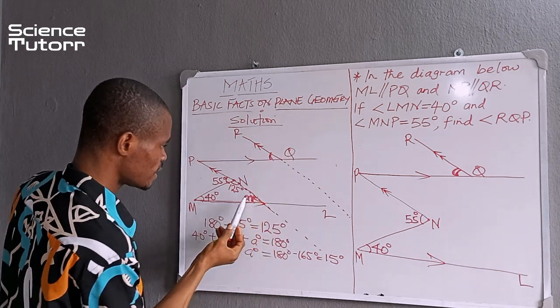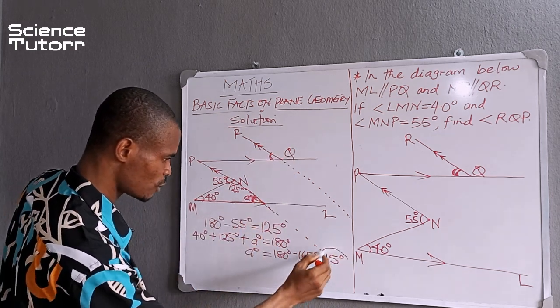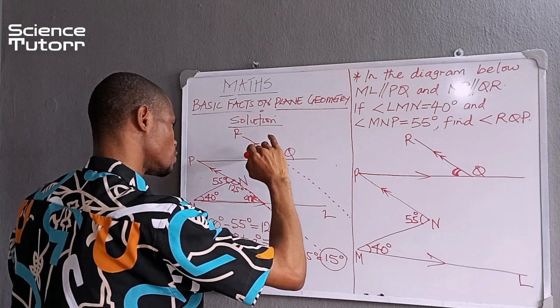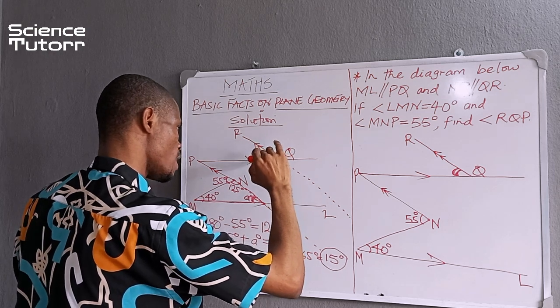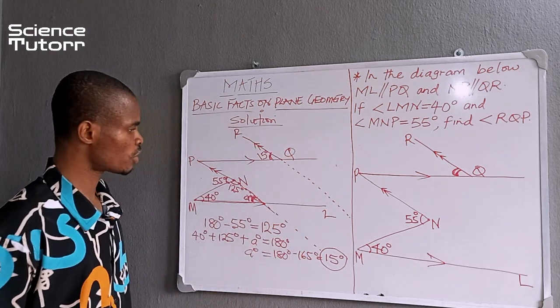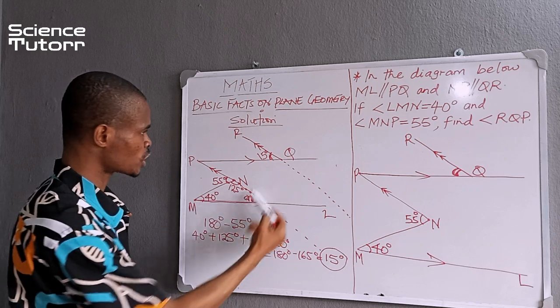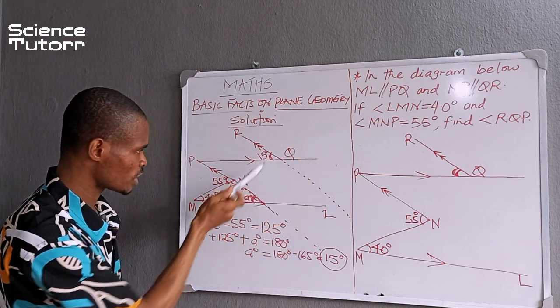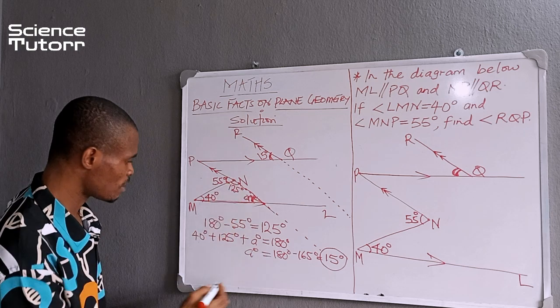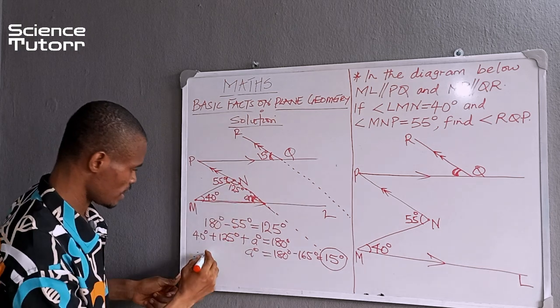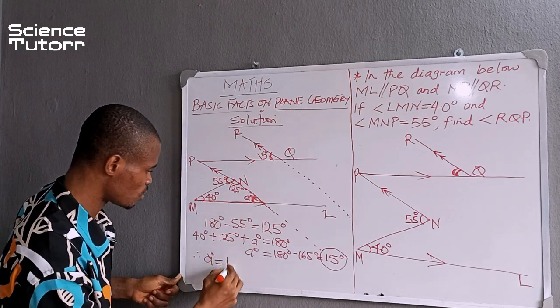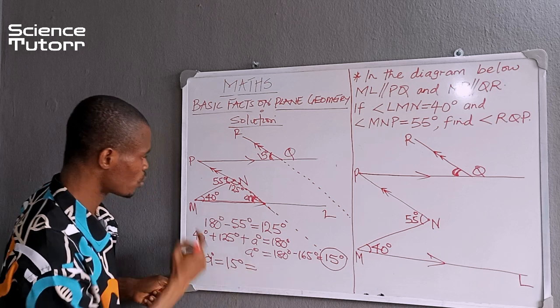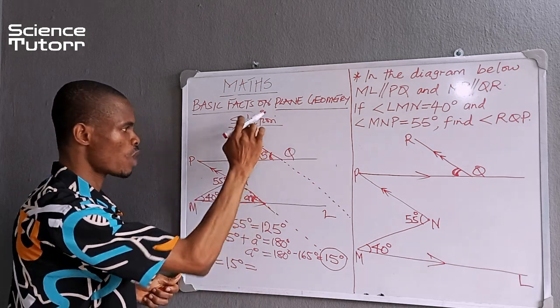So automatically, angle A, which is 15 degrees, will give us the same value for PQR. So what theorem is applicable here? Corresponding angles are equal. You can see both angles are corresponding to each other. So it simply means that the angle A, which is 15, is also equal to PQR.